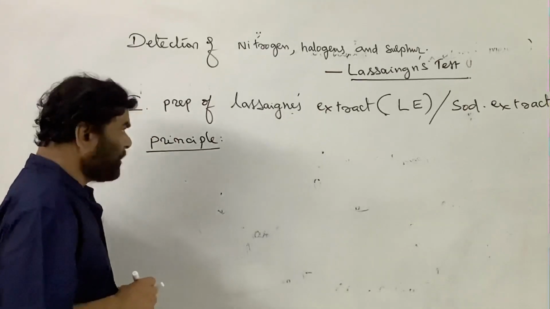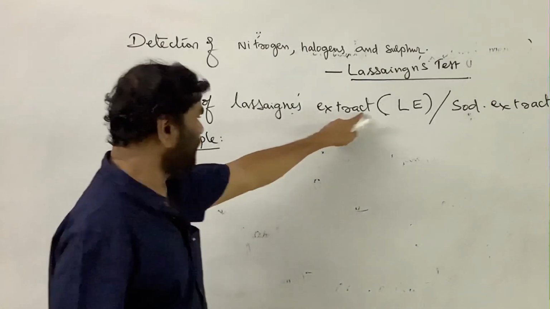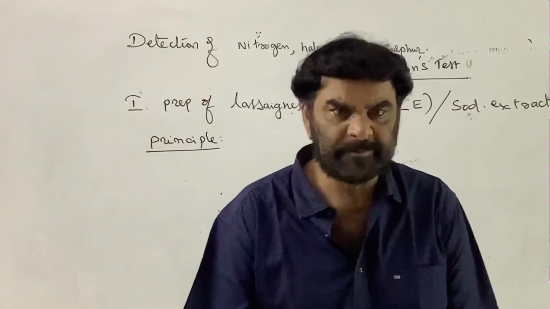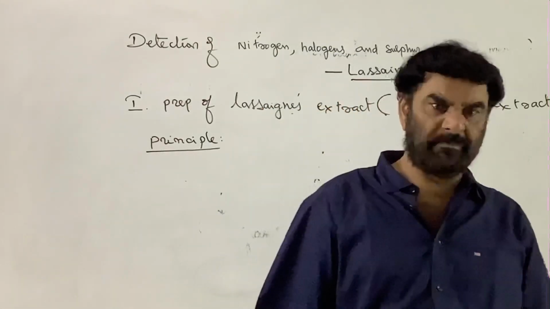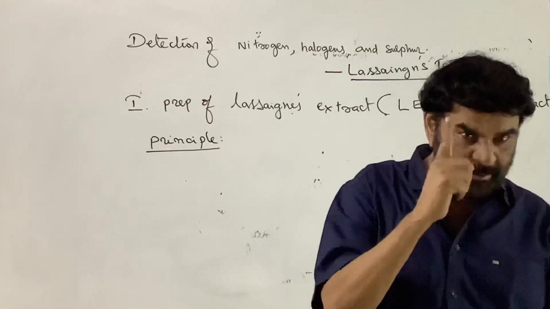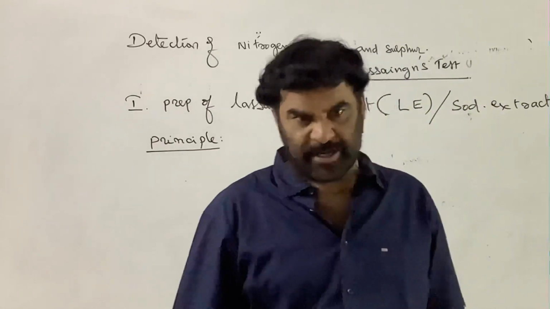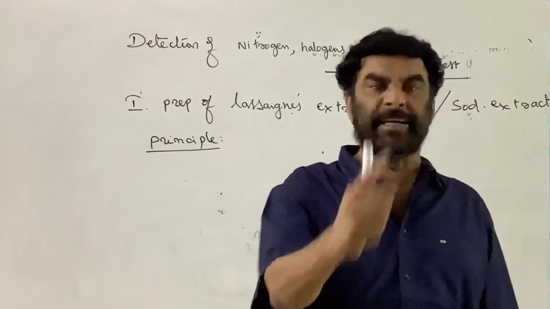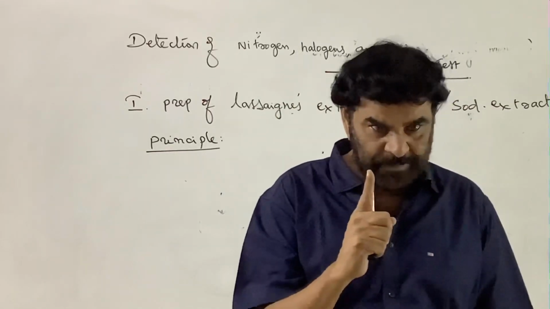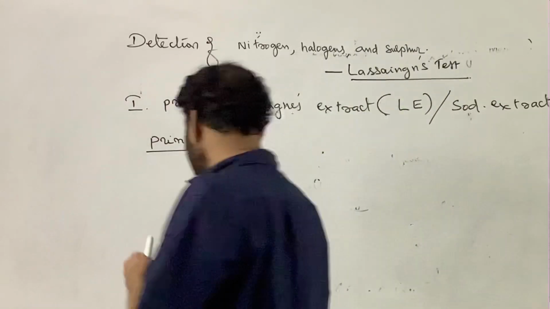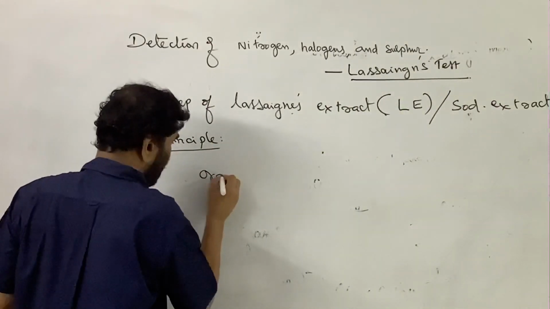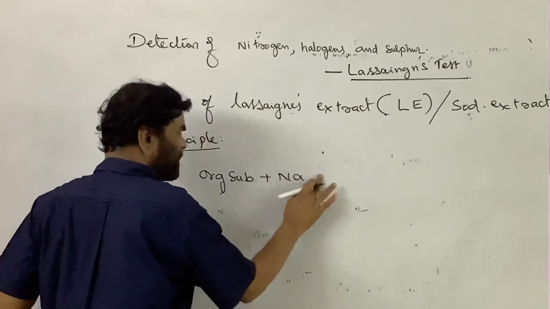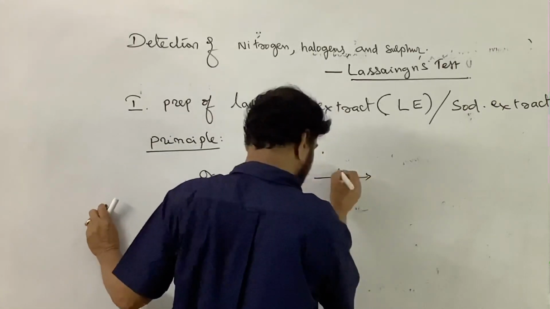So what they do is, a small amount of the given organic compound is strongly heated with metallic sodium. A freshly cut piece of sodium is used and strongly heated. The organic substance is treated with sodium, strongly heated with the sodium.